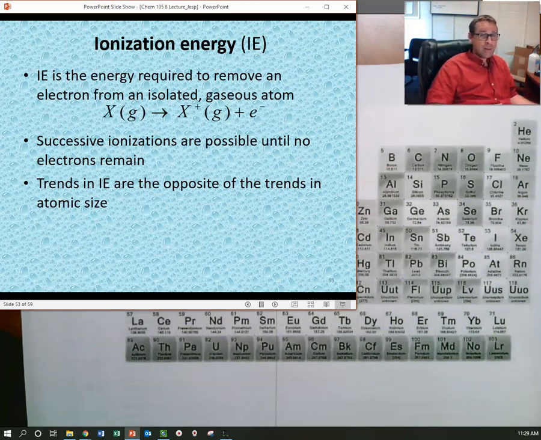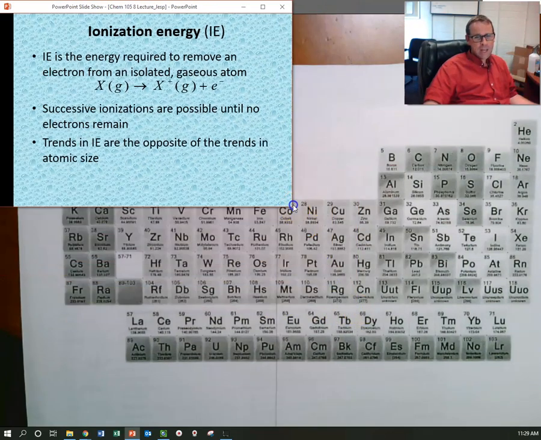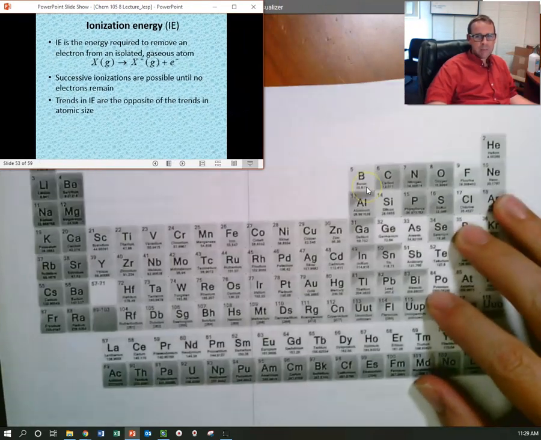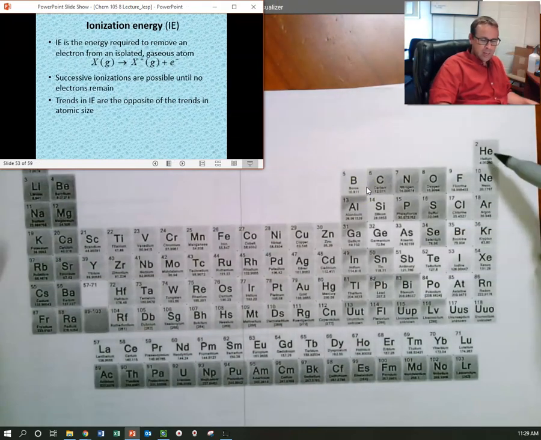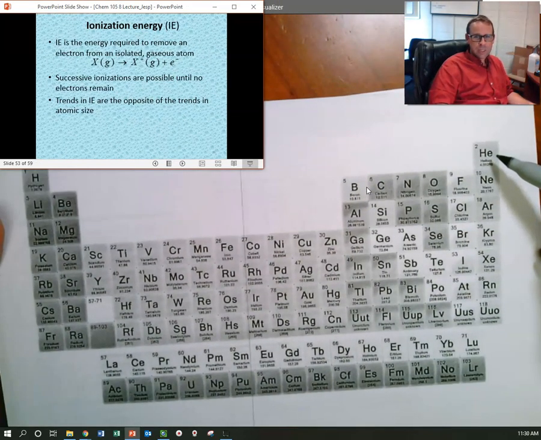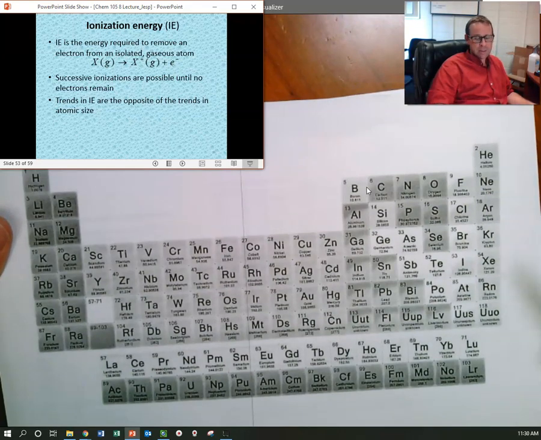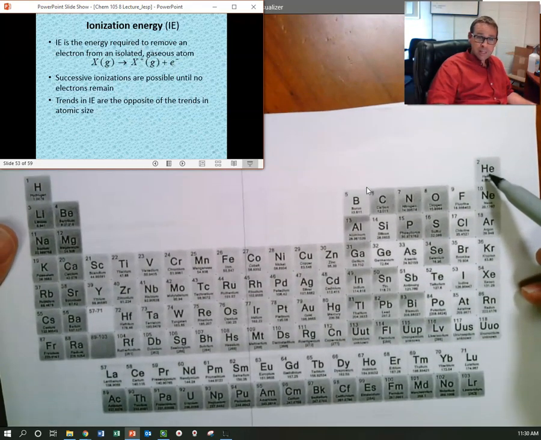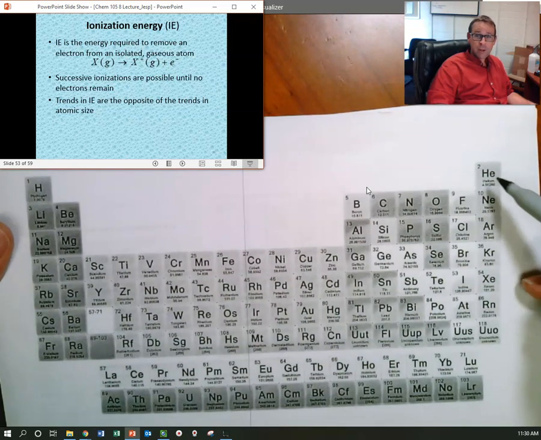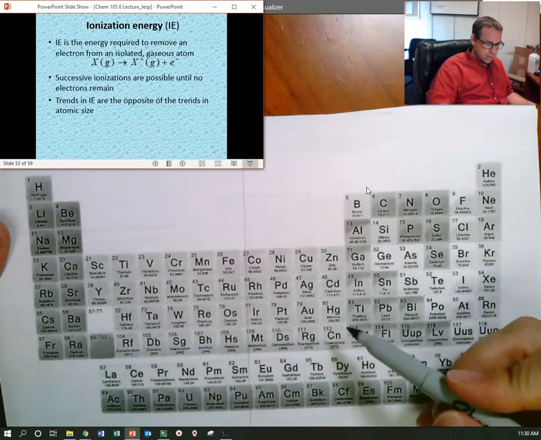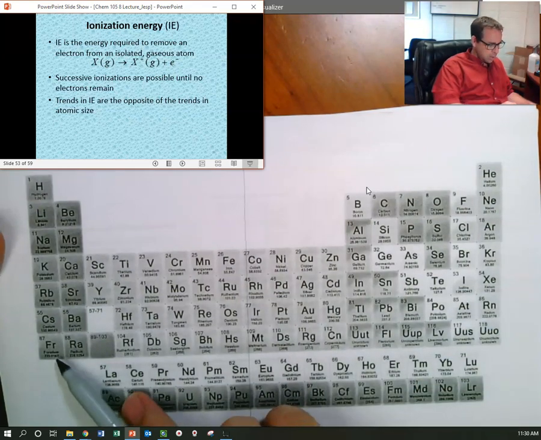Now, sometimes it requires a little bit less energy, right? And why is that? Well, here's helium, nice little family, 2 nucleus and only 2 kids. If you want to remove an electron from helium, it's going to make the atom very mad because it doesn't want to lose any of its kids. Whereas down here, we got something like francium, 87 kids, right?